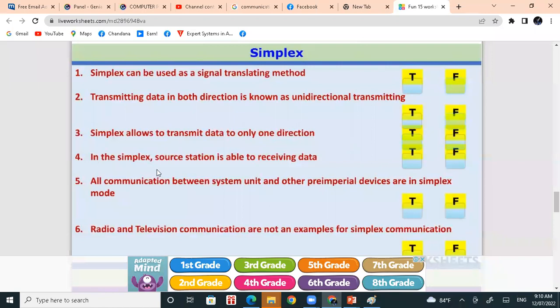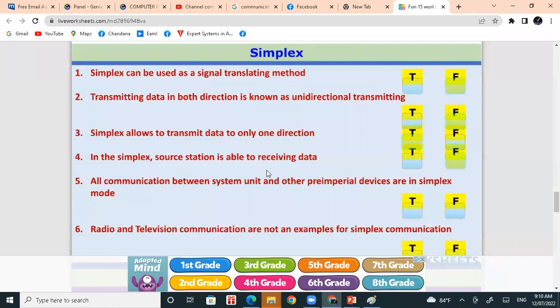Next one, in simplex, the source station is able to receive data. False. In the simplex method, the source station is not able to receive data. Think about television transmission. Data is produced by the source television, then after sending the data, the receivers are not able to respond.